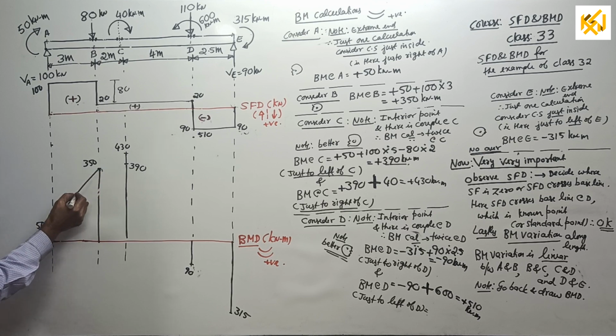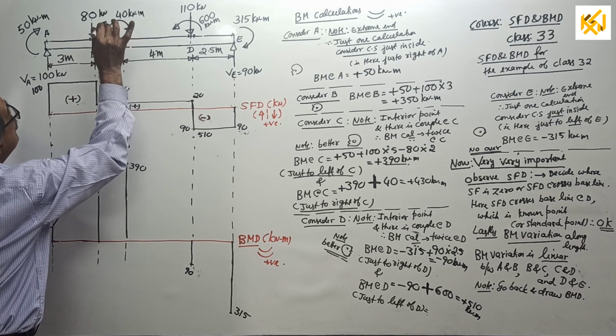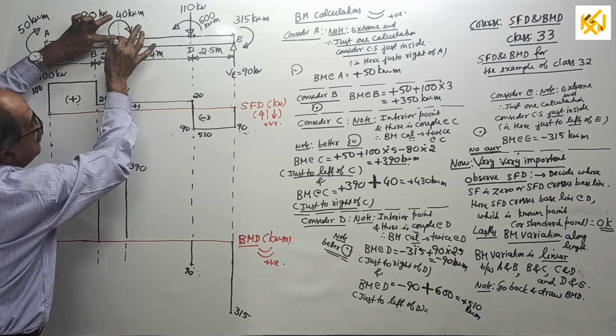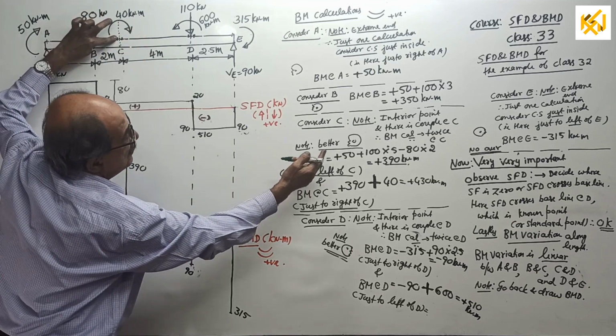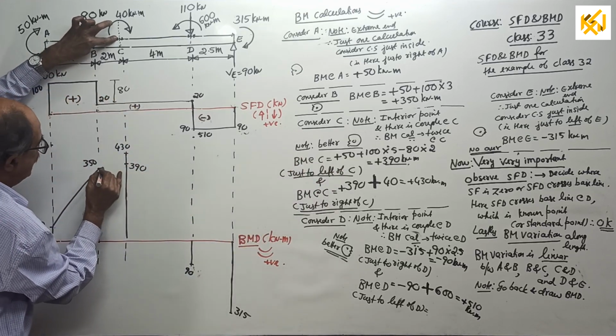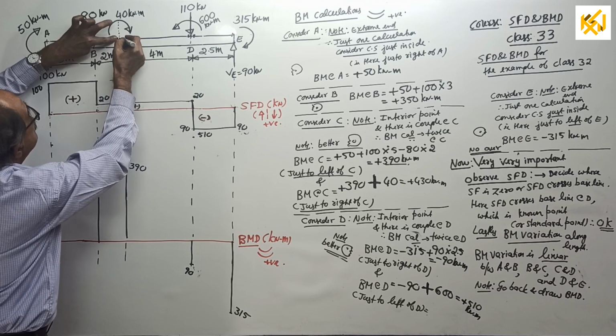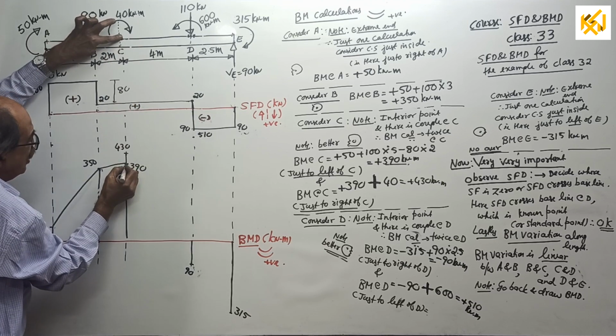I give respect to mathematics. See? Straight line. B joined to just to left of C. Where is the joining to just left of C? 390. Just to left of C, joined to just to right of C, already joined here.